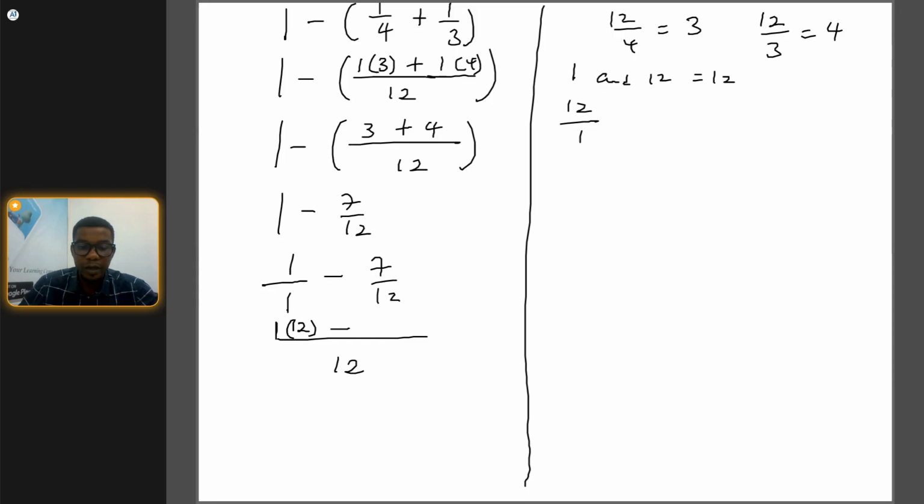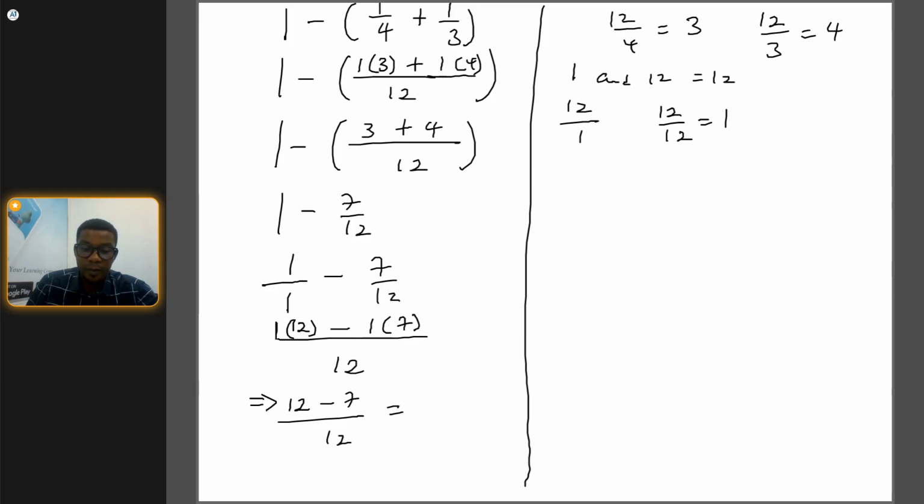12 divided by 12 equals 1. We have 1 bracket 7. So we have the answer to be 1 times 12 will be 12, minus 1 times 7 will be 7, all over 12.